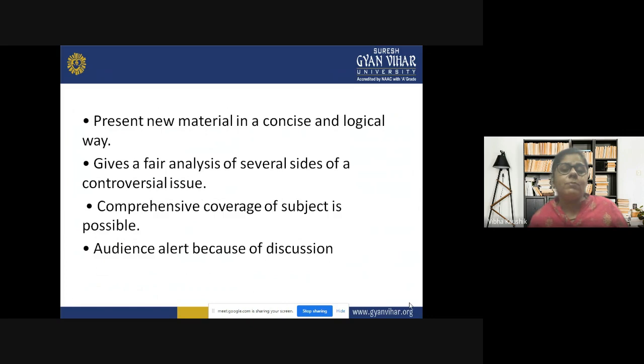Comprehensive coverage of the subject is possible, meaning a deep coverage of a subject is possible when a teacher is going to organize a symposium. Audience alert because of discussion: the audience is alert as in the symposium the audience takes part in the discussion.